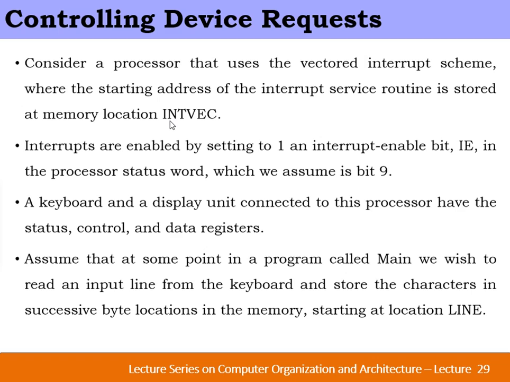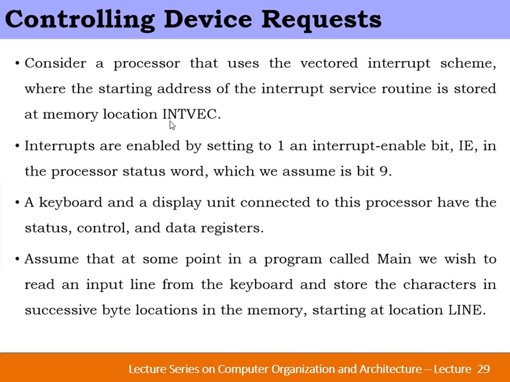Assume that at some point in a program called main, we wish to read an input line from the keyboard, and whatever input we read from the keyboard needs to be stored, that is, the set of characters needs to be stored in successive bytes of memory. The beginning address of that memory location is called line.